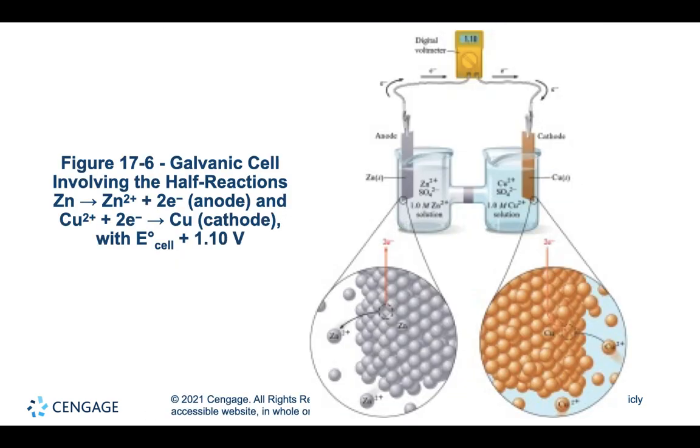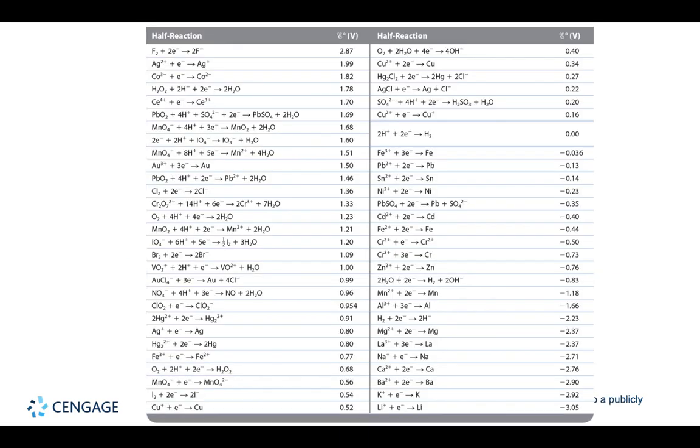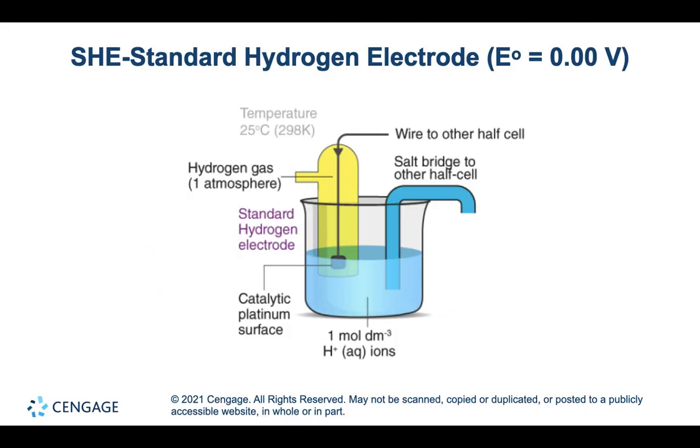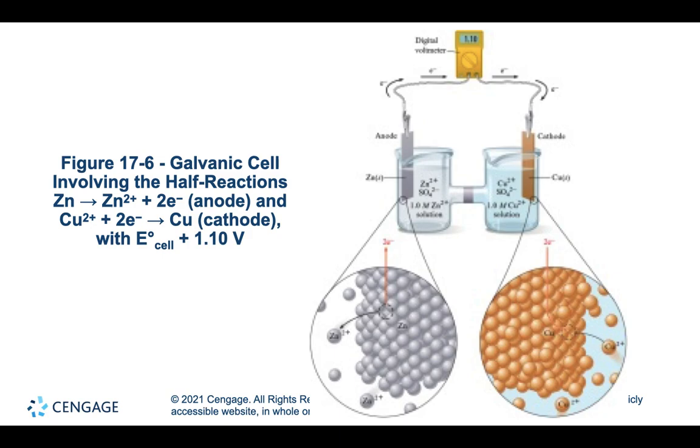We want zinc yields zinc plus 2 plus 2 electrons, because we want to flip the lower down on the chart half reaction and run it backwards as an oxidation step, so that the copper reaction is using the 2 electrons at the cathode, while the zinc reaction is losing 2 electrons at the anode. So you lose 2, you gain 2.